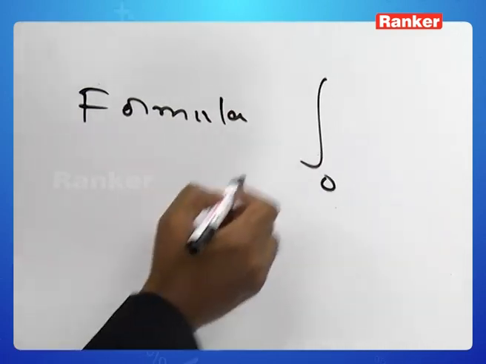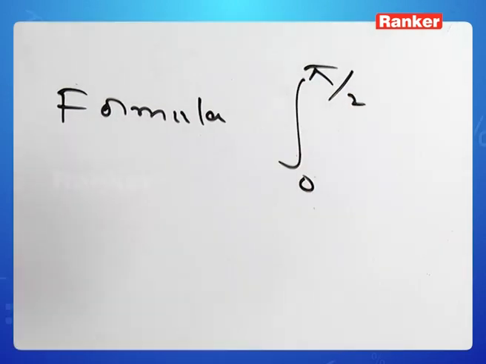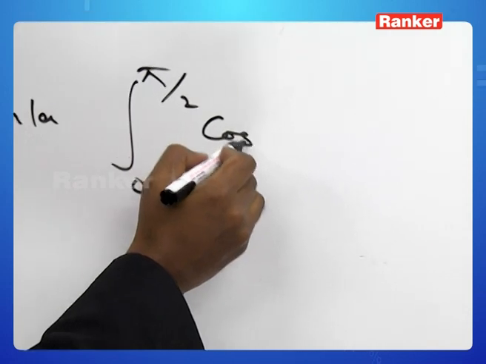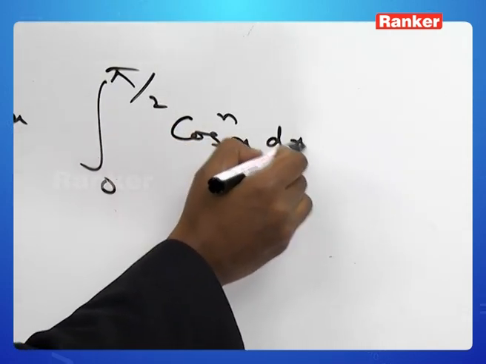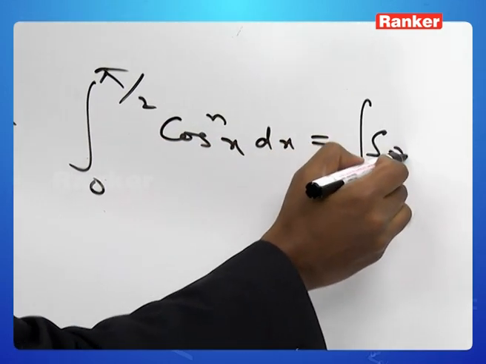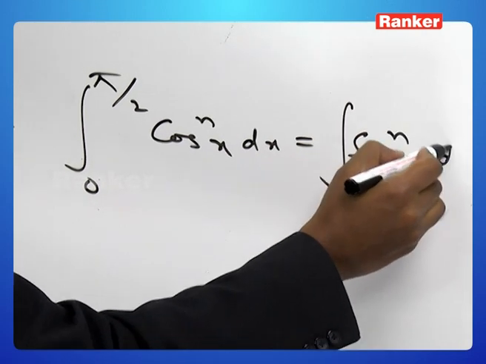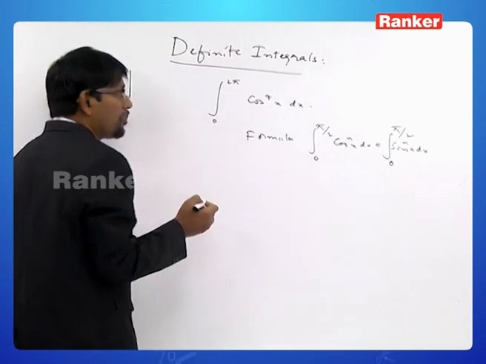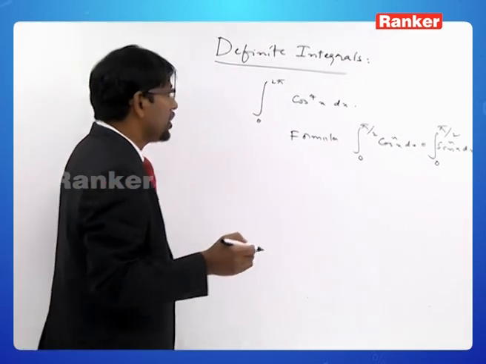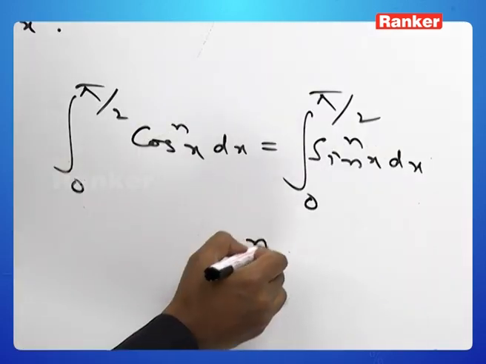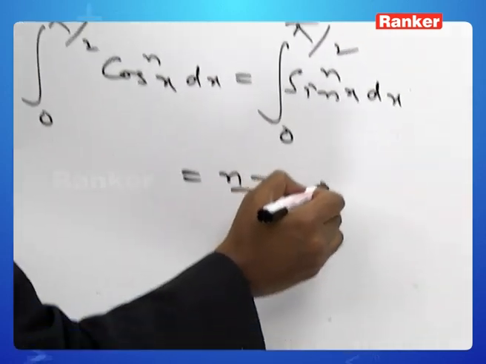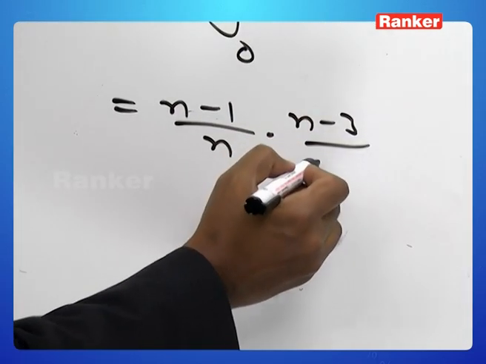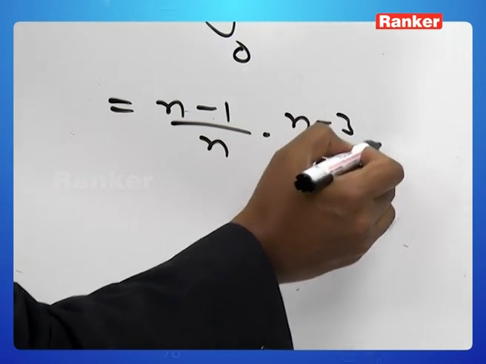Integral 0 to pi by 2 of cos x raised to the power n, which is same as integral of sin x raised to the power n dx, and we just now gave a formula for it in the previous problem. What is that? It is n minus 1 by n into n minus 3 by n minus 2, so on and so forth.